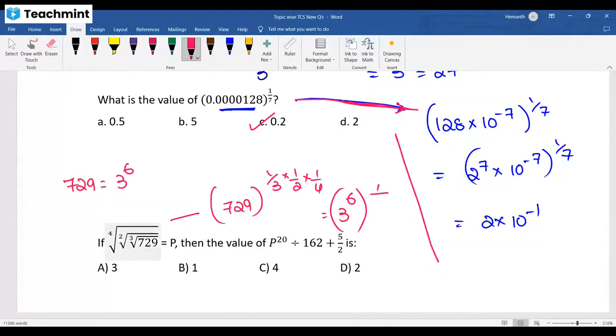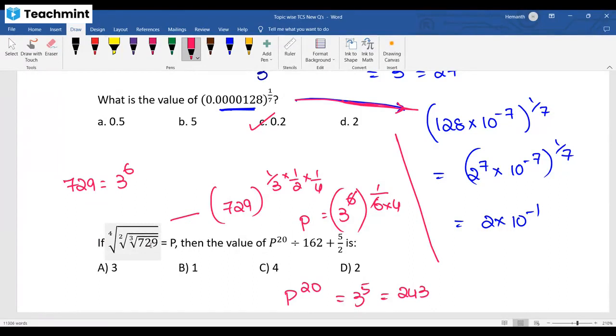They want P power 20, so you don't worry much regarding that. 3 power 1 by 4 is what? P is actually 3 power 1 by 4. P power 20 will be 3 power 5, which is 243.